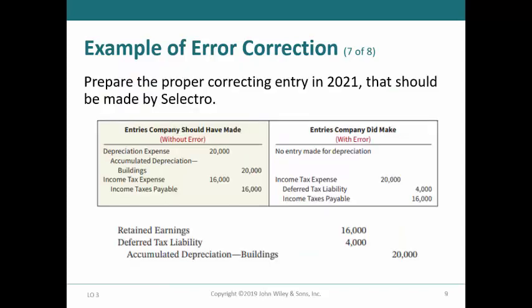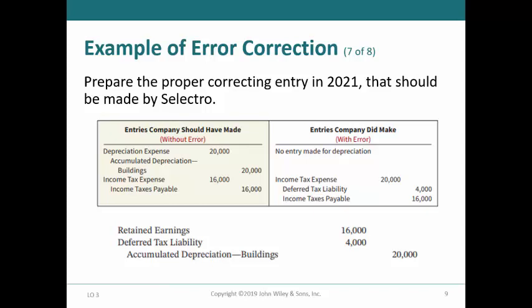Now we are going to record the entry to correct the error. It is important to remember that the books for 2020 have been closed, so it is not possible to just record the depreciation expense entry that was omitted. The error has to be corrected through retained earnings.